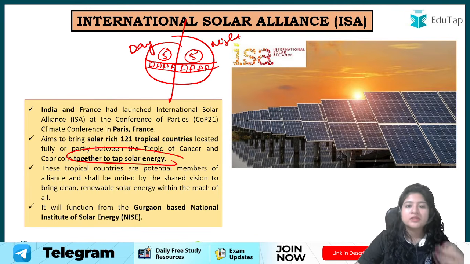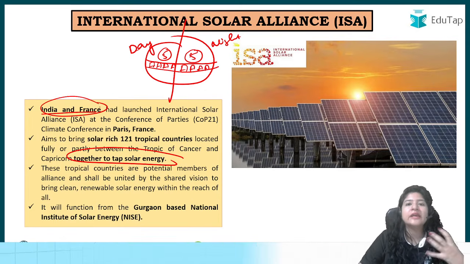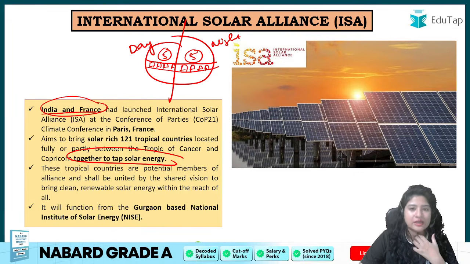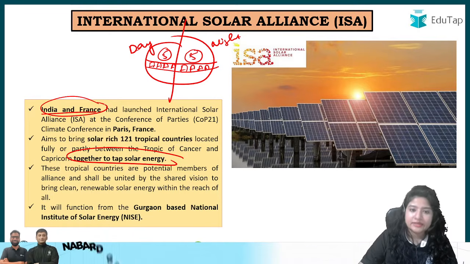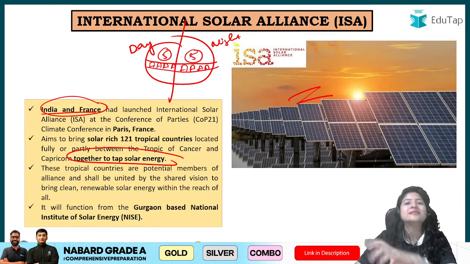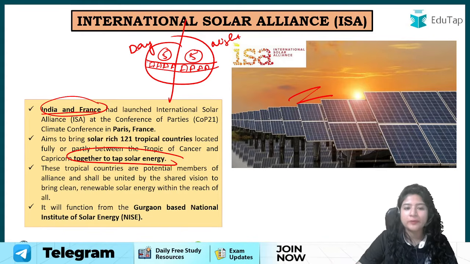So the aim under this International Solar Alliance, which is a joint initiative launched by India and France, and we should be proud of it, because we along with France are the countries that raised or proposed this concept, and now it has been internationally accepted. So the aim here is to create such solar grids, to establish solar panels especially in the tropical areas.